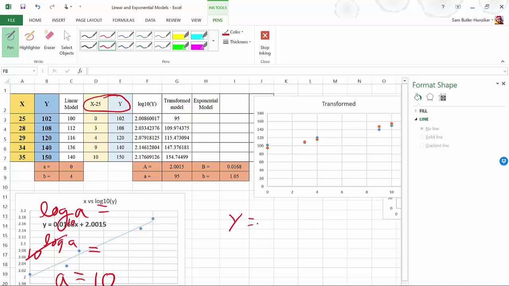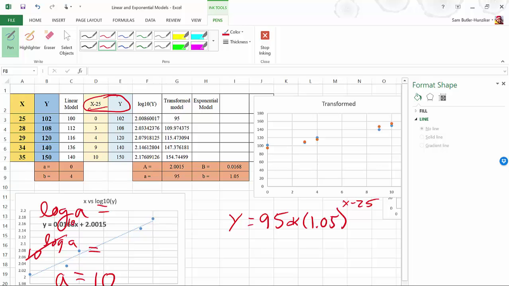So y equals our a value, let's say we settled on 95, times the b value of 1.05 raised, and then this is, instead of the x value, this is the x minus 25 exponent.